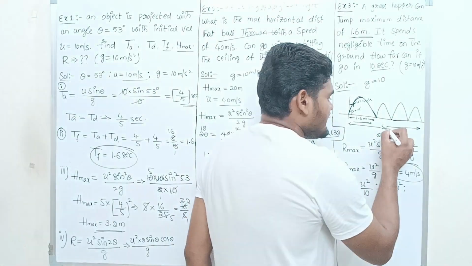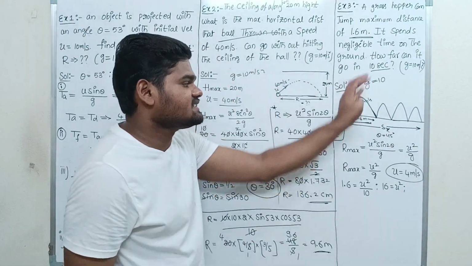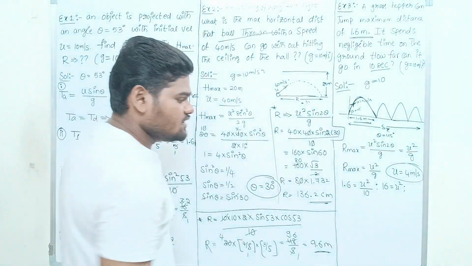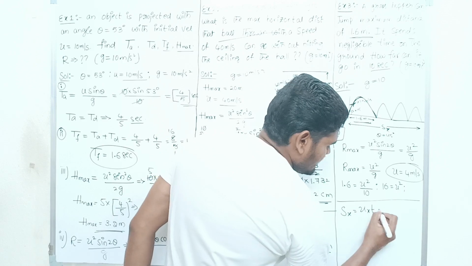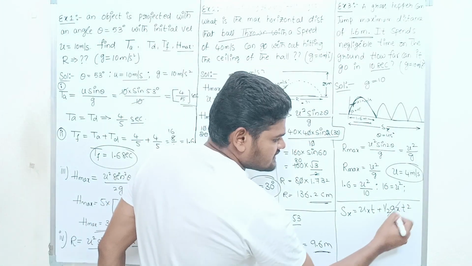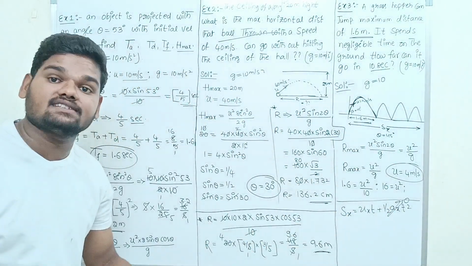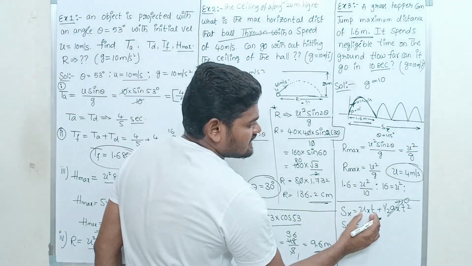We have to find Sx, in 10 seconds how far it can go, how much distance it covers along the x direction in 10 seconds. So we use the equation of motion. Sx is equal to ut plus half ax t square. Acceleration along the x direction is 0 in projectile motion.